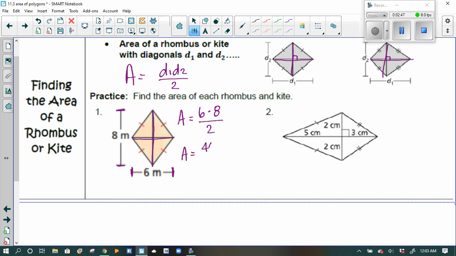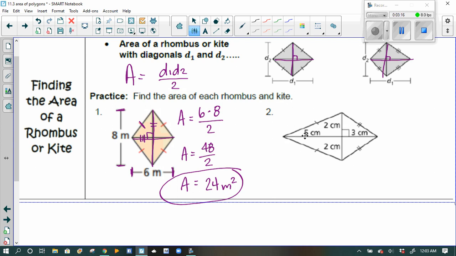So 48 divided by 2, so the area is 24 meters squared. Okay, keep in mind though, since this is a right triangle, that they may give you this number and this number, so you would have to do Pythagorean theorem maybe, or maybe they gave you the side. You may have to do Pythagorean theorem sometimes to find the diagonals, so don't forget about that.